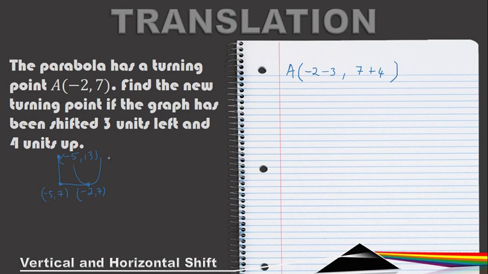This is the coordinate itself. So if you're going left and right with a coordinate, if you're going left, you say minus 3. If you're going right, you say plus 3. But when you're working with an equation, it's the opposite values. And then we can just say, okay, our new a dash is going to be minus 5 and 13.